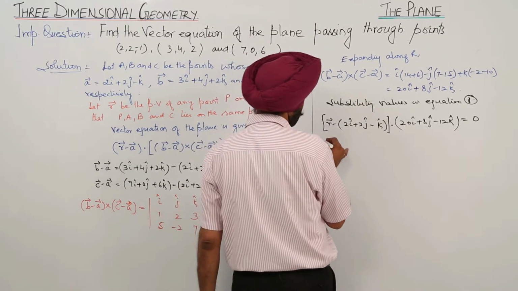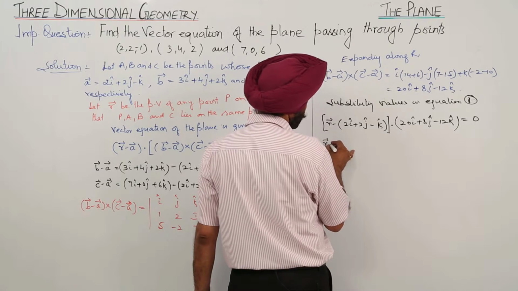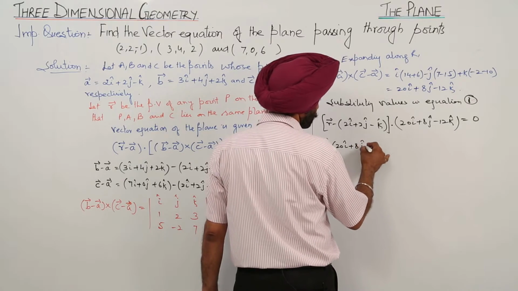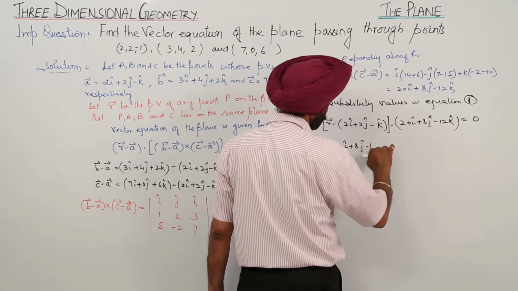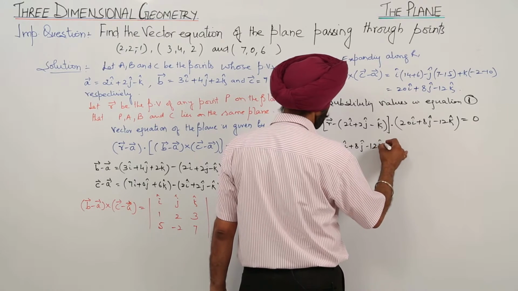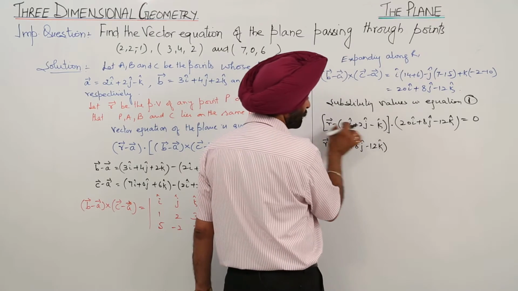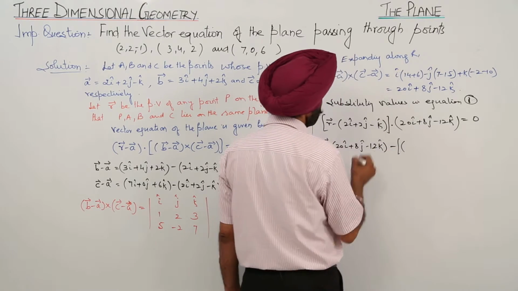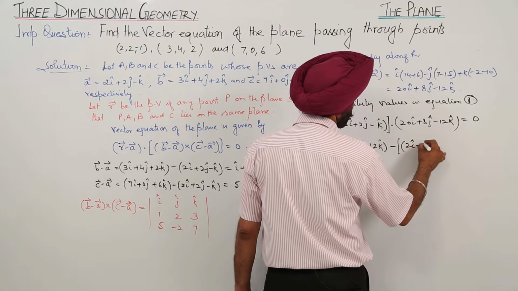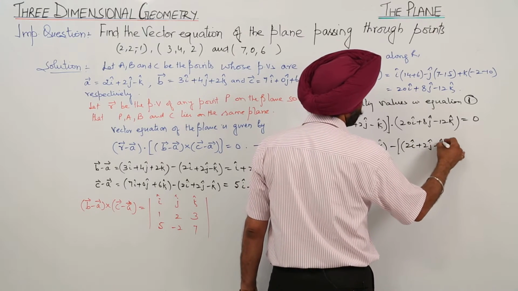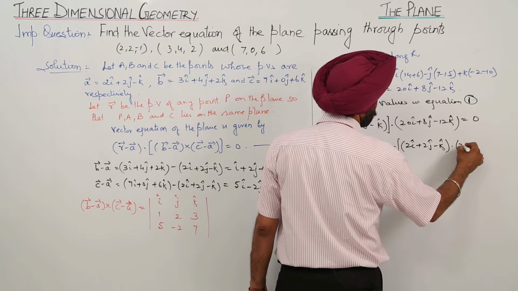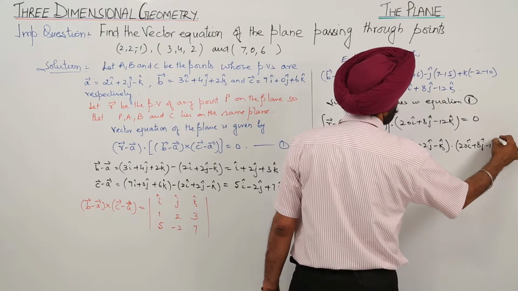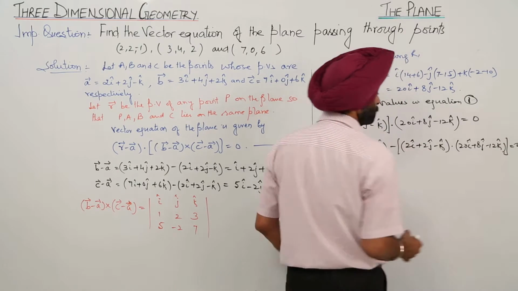Now vector R dot 20 i cap plus 8 j cap minus 12 k cap, R with this one, minus, now we are having 2 i cap plus 2 j cap minus k cap dot 20 i cap plus 8 j cap minus 12 k cap is equal to 0.